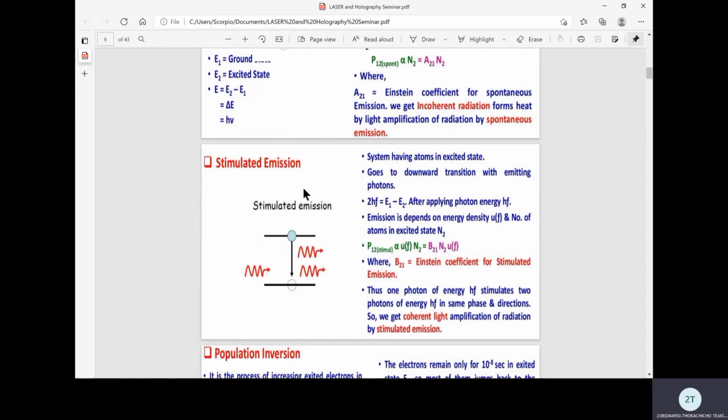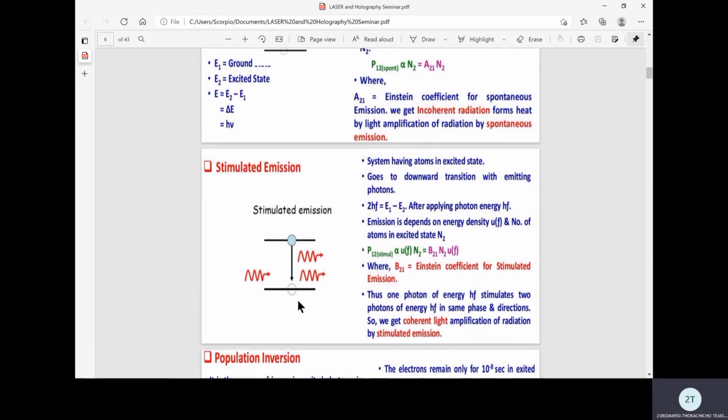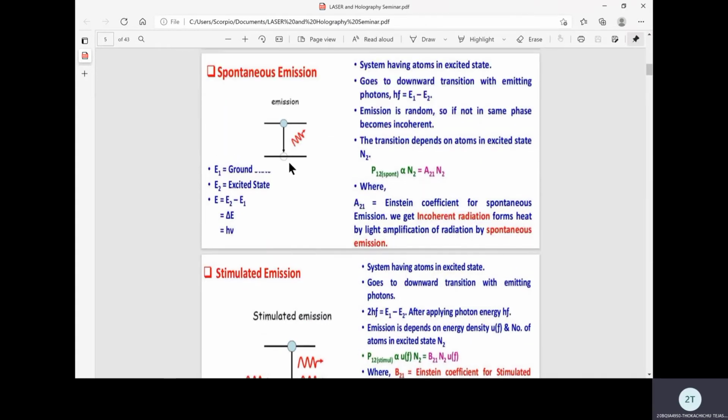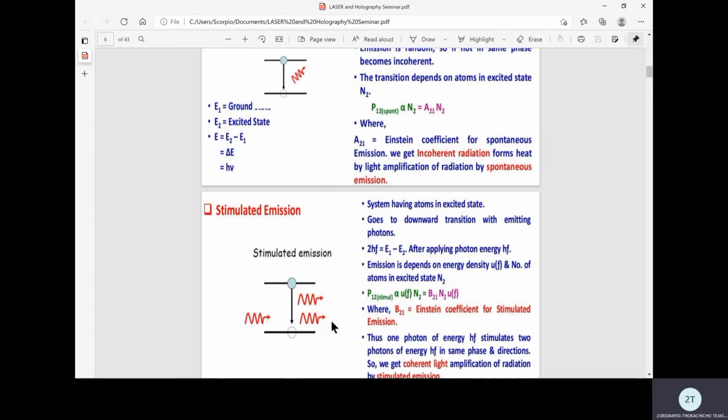In stimulated emission, unlike spontaneous emission where the atom gets de-excited by itself, here the atom is made to de-excite by another photon of energy h nu. It gets stimulated, and to regain its stable state, it goes back to its ground state, releasing two photons, that is, its own photon energy and the photon energy of the photon which hit it.